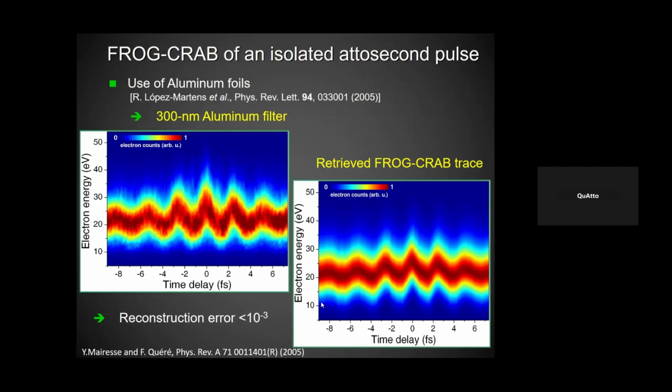Just by looking at the reconstruction of the FROG-CRAB traces, you can judge qualitatively the quality of the measurements. From this trace you have all the information: about the XUV pulse, the spectrum, and the phase, and also information about the infrared field. So you have a complete characterization of the pulses that you use in your experiments.